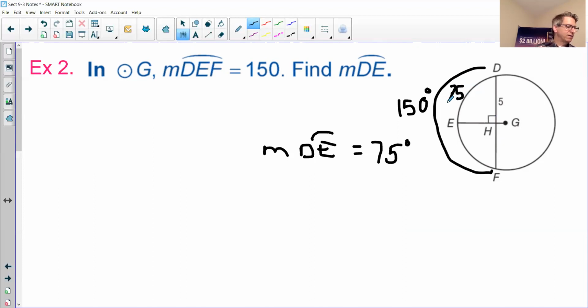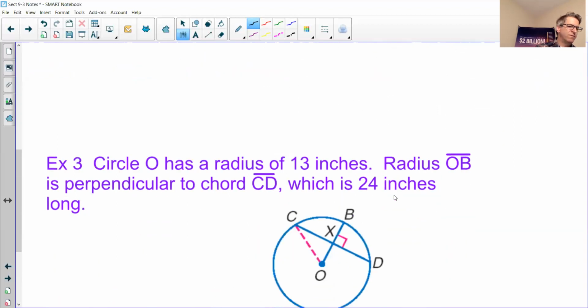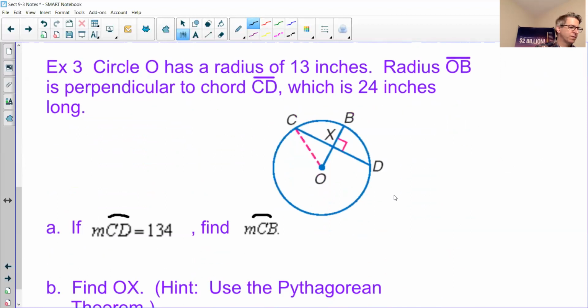Example 3. Circle O has a radius of 13. Radius OB is perpendicular to chord CD, which is 24 inches long. We're going to put a few notes in here. This is the radius, which we're told is 13.